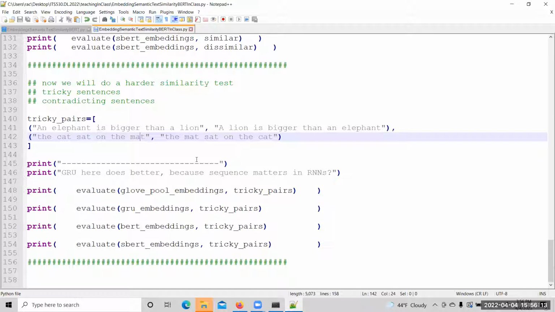So if we go back to the code, an elephant is bigger than a lion. Here, the order, a lion is bigger than an elephant, so what is bigger? A lion is bigger than an elephant. Whereas here, what is bigger? An elephant is bigger than a lion. So the order mattered to the RNN GRU technique.